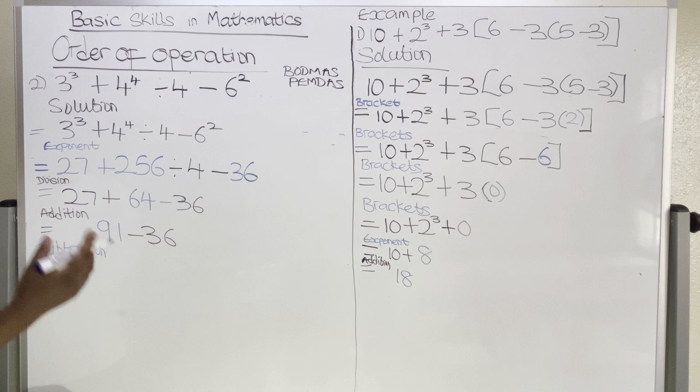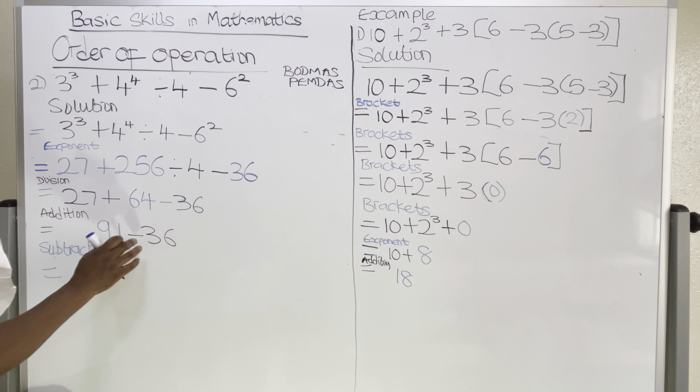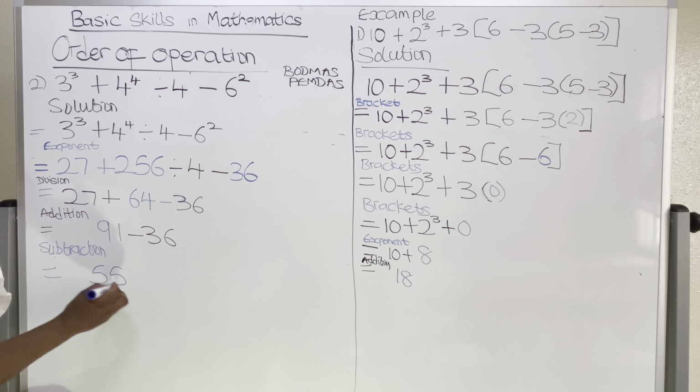The last step is the subtraction, which is 91 minus 36, which will give us 55. This will be our answer.